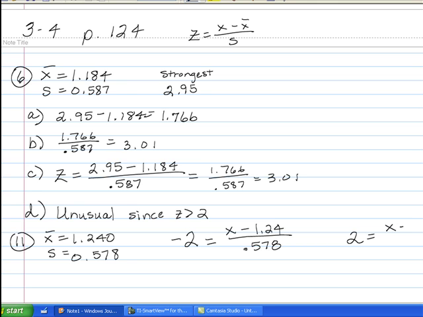Starting with the one on the left, if I multiply both sides by 0.578, that's going to clear my fraction, and that's times here. -2 times 0.578, I get -1.156.